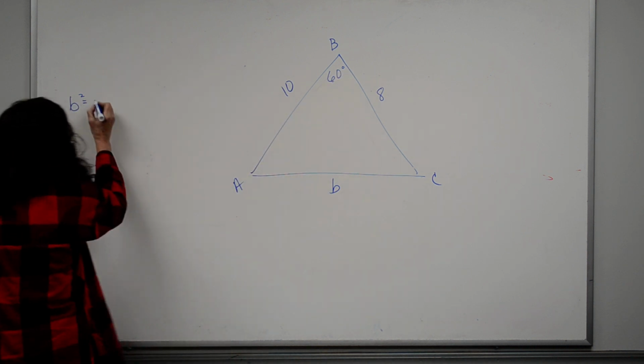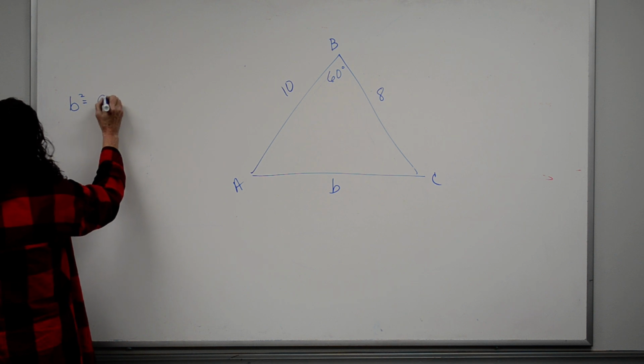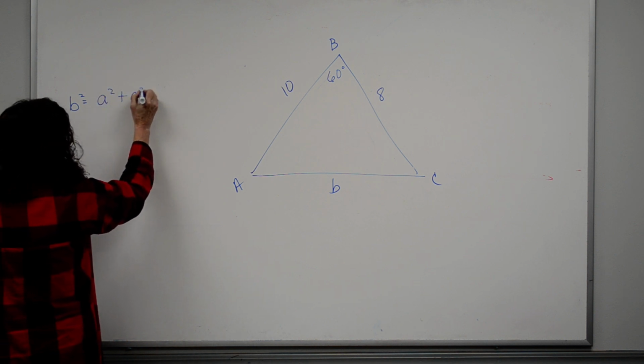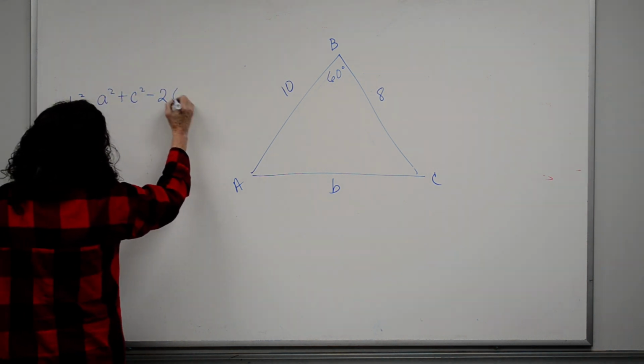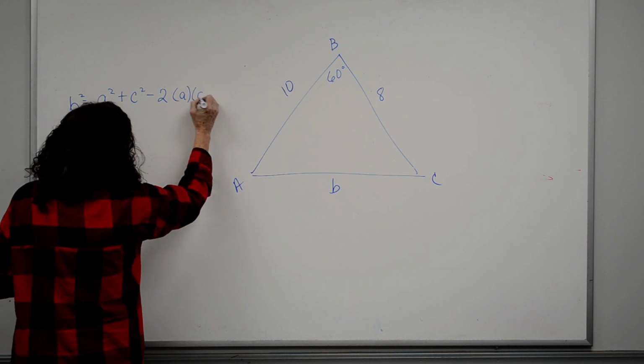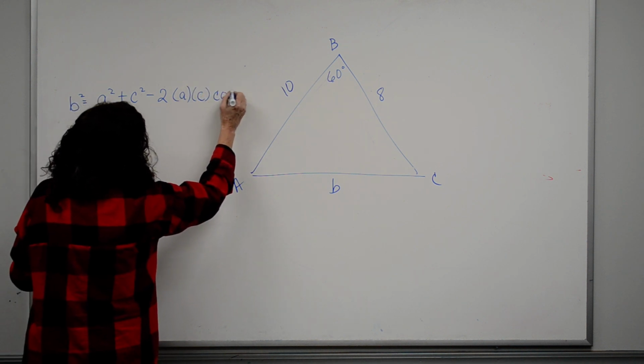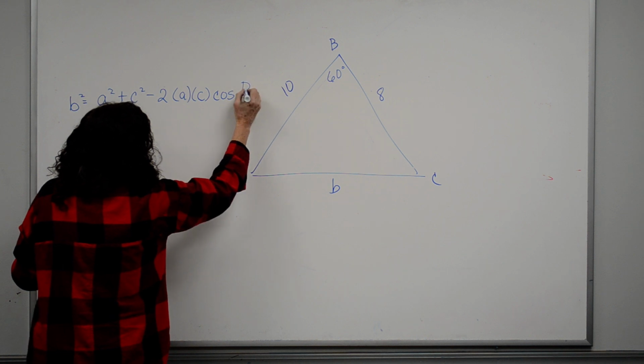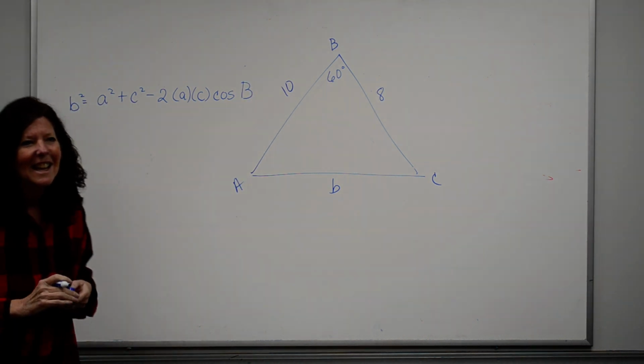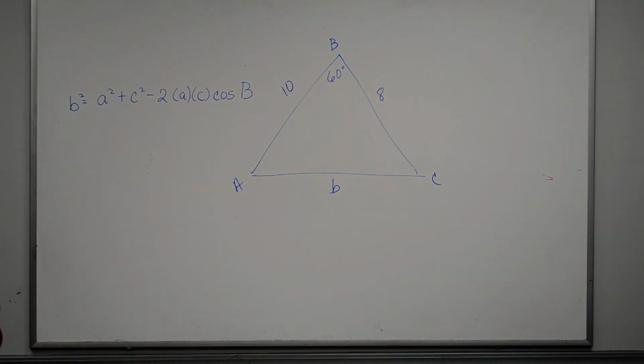B squared is equal to A squared plus C squared minus 2 times A times C times the cosine of B. Now it looks so complicated, but there's definitely a pattern here.